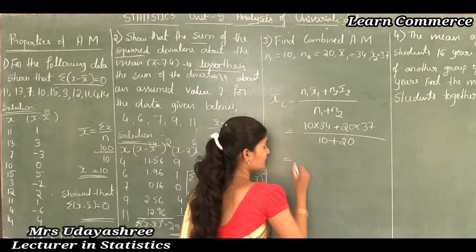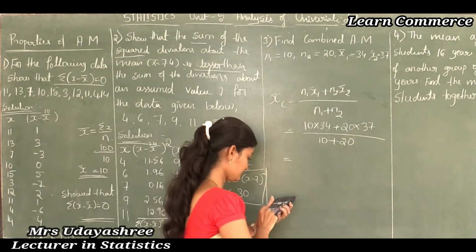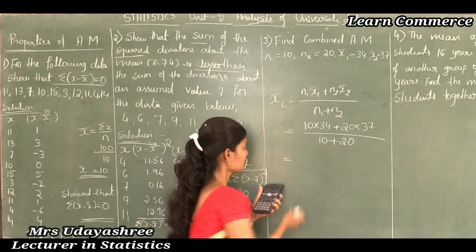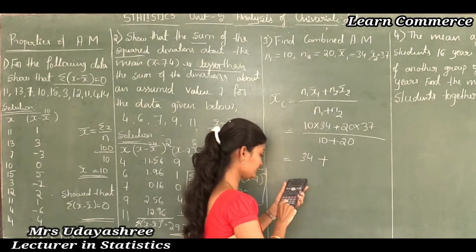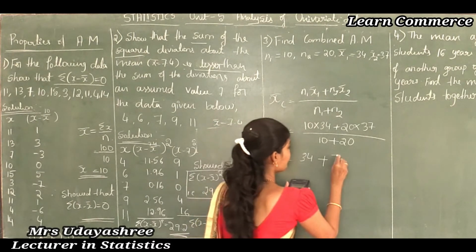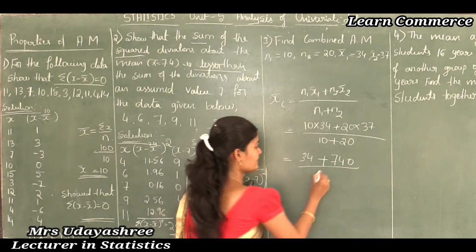So this is equal to 10 into 34 is 340 plus 20 into 37 is 740 divided by 10 plus 20, that is 30.